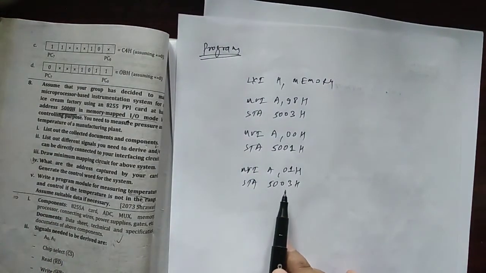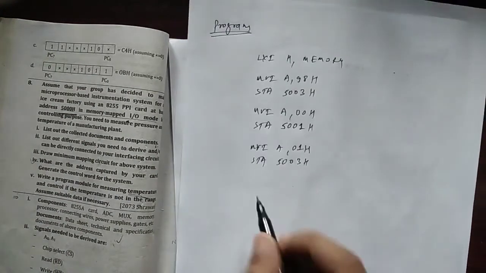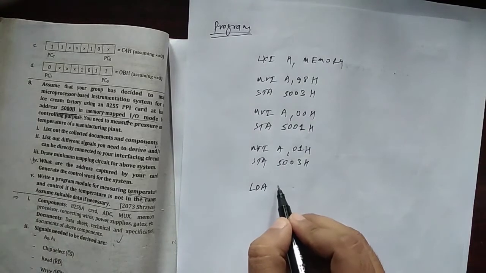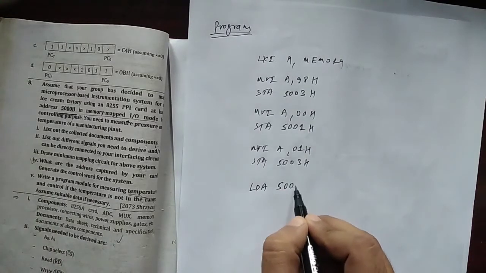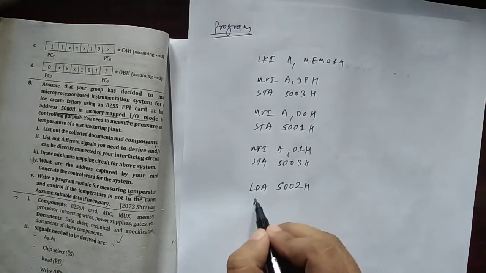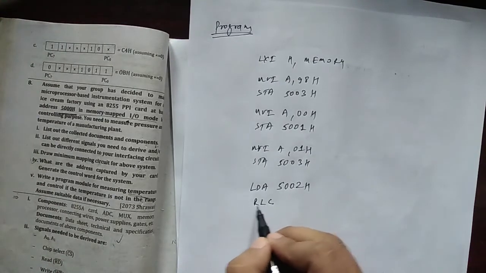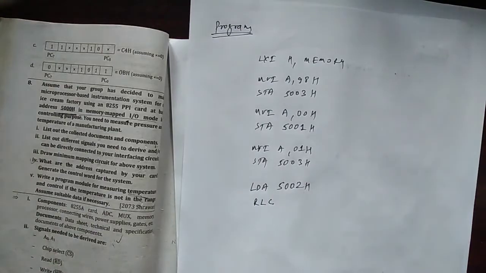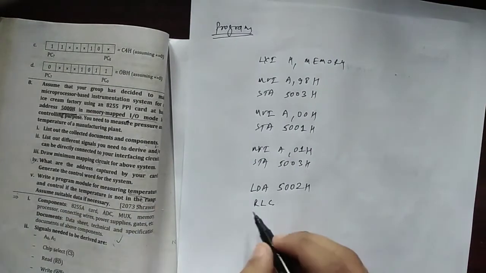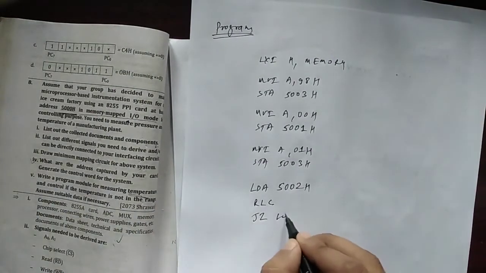Now we need to check for EOC. So let's read input from port C: LDA 5002H, and then RLC for checking PC7, because PC7 is connected with EOC. Then jump on zero to loop.